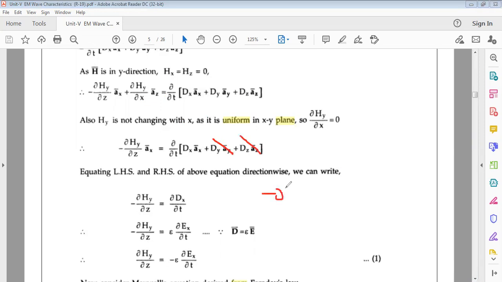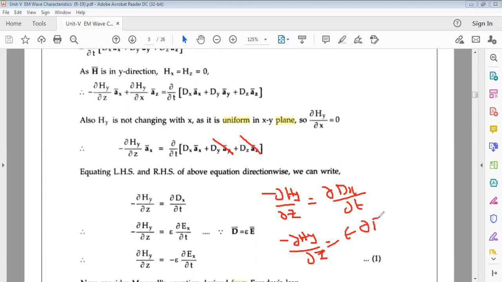So finally, minus ∂Hy/∂z is equal to, in terms of the electric field, epsilon into ∂Ex/∂t.